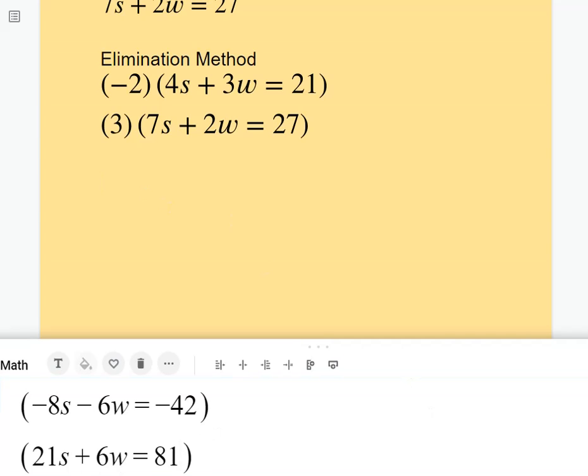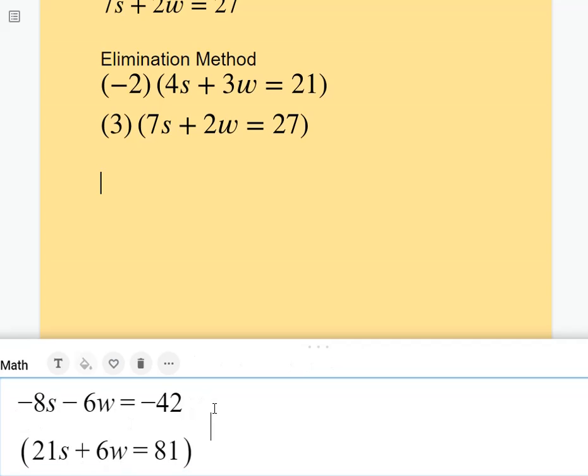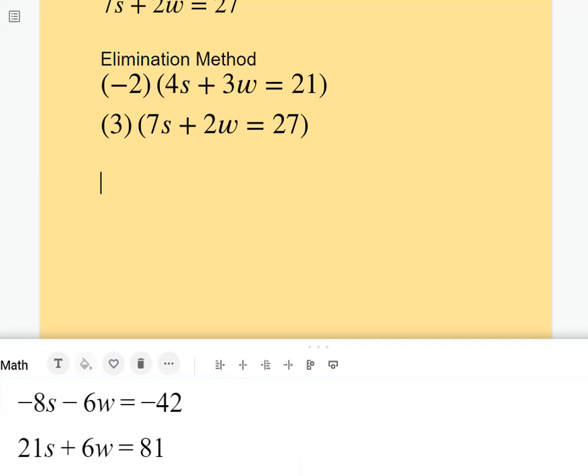Okay, so let's enter that here. We can actually remove it. We don't need the bracket anymore. Let me remove this bracket, and then we'll enter the math. If you carry that out, that's what you get. The first one, minus 2 times 4s, you get that.